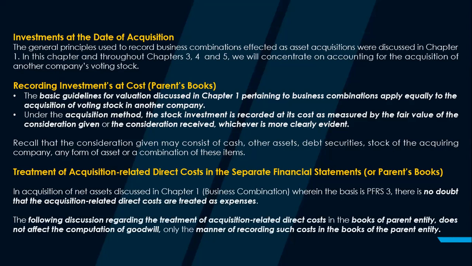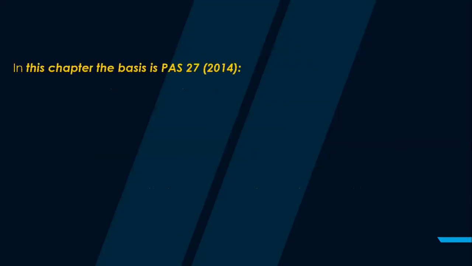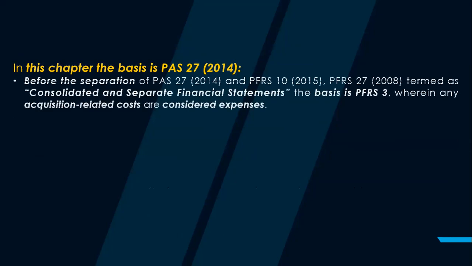The following discussion regarding the treatment of acquisition-related direct costs in the books of the parent entity does not affect the computation of goodwill, only the manner of recording such costs in the books of the parent entity. In this chapter, the basis is PAS 27.